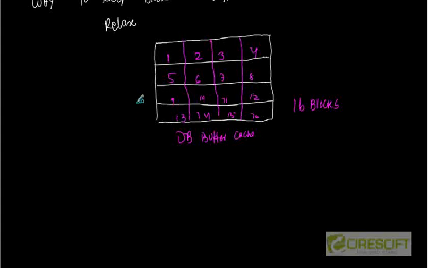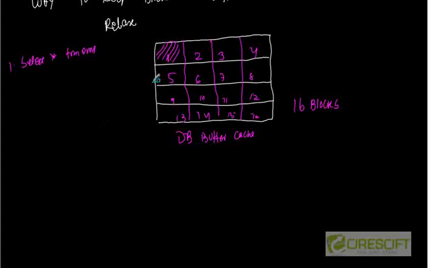So the database has just started and I have not done anything, so the buffer cache is empty. Then let's say I do select star from EMP. Select star from EMP brings a block and keeps it in this one.